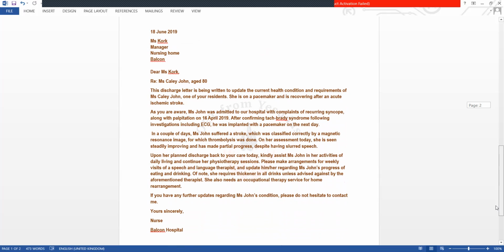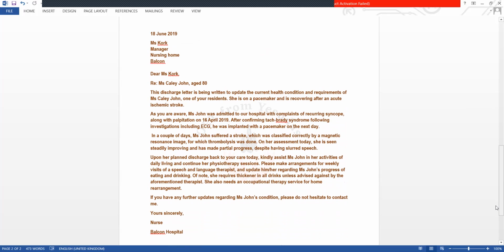Now we can go back to the letter. It's not a complicated letter at all. This discharge letter is being written to update the current health condition and requirements of Miss Caley John, one of your residents. So the first sentence here is that this is a discharge letter, and the purpose of this letter is to update the current health status and requirements of Miss Caley John, one of your residents.